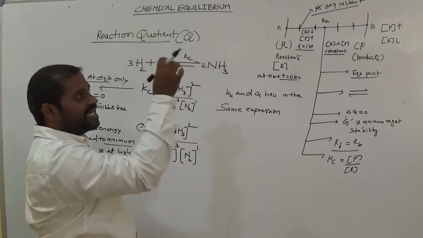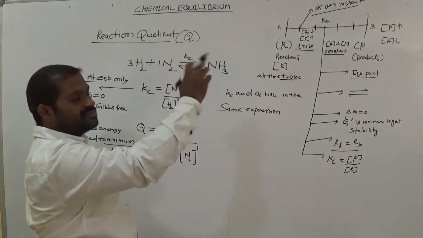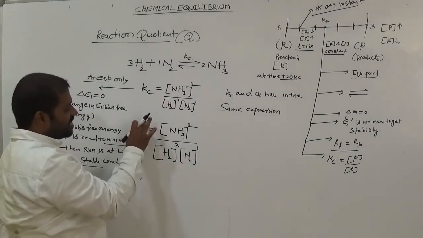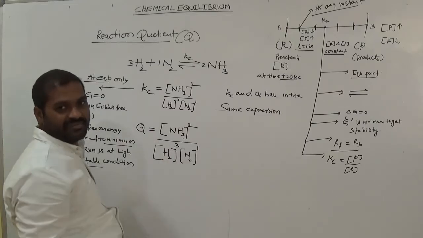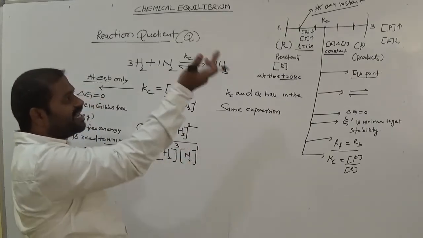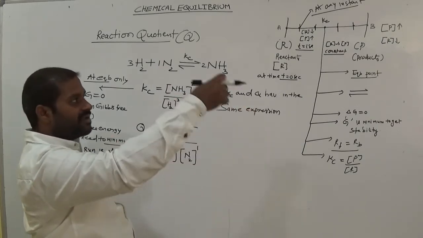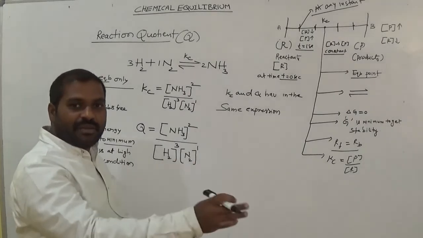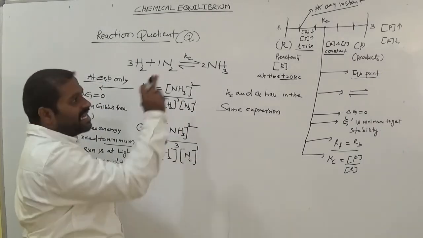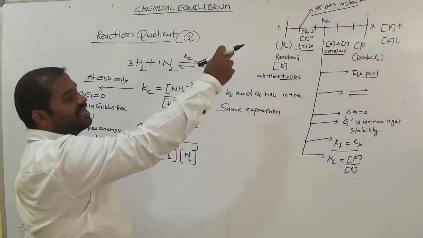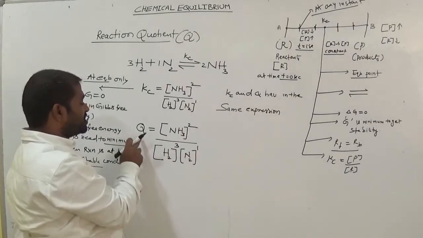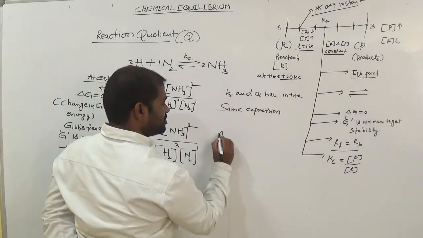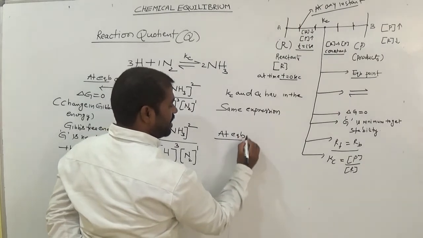So except that equilibrium point, we need to take the expression like this. That expression is called the reaction quotient. At any instant of time during the reaction, if we consider the expression, that expression is taken as Q. So at equilibrium, what is the expression? That is Kc. At any instant, at any time except equilibrium, the expression is taken as Q. Okay. So at equilibrium, this is important.